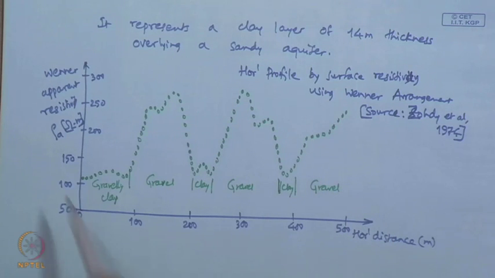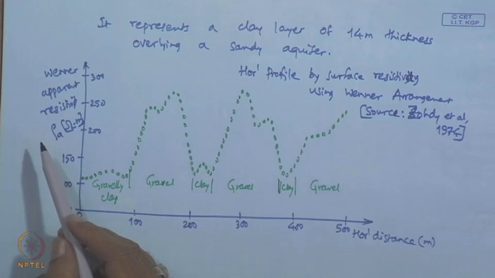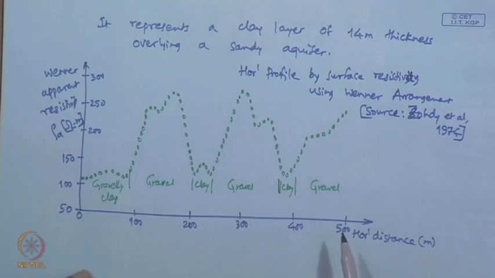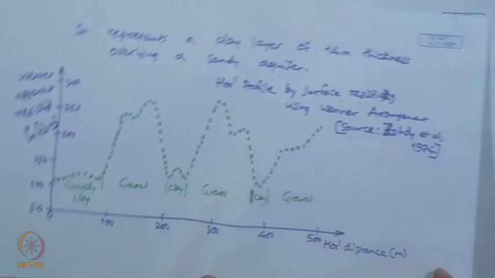So like this, when the apparent resistivities are plotted at this horizontal distance between the electrodes in this Venner arrangement, based on the variation of this apparent resistivity, we can interpret the subsurface geological formations as well as their groundwater permeability.